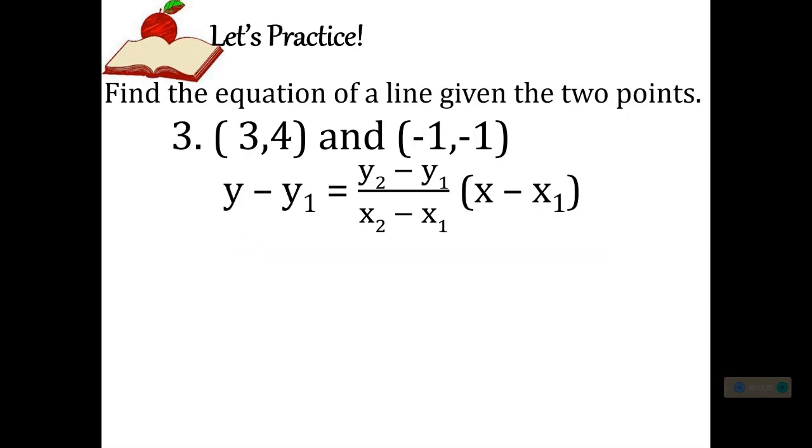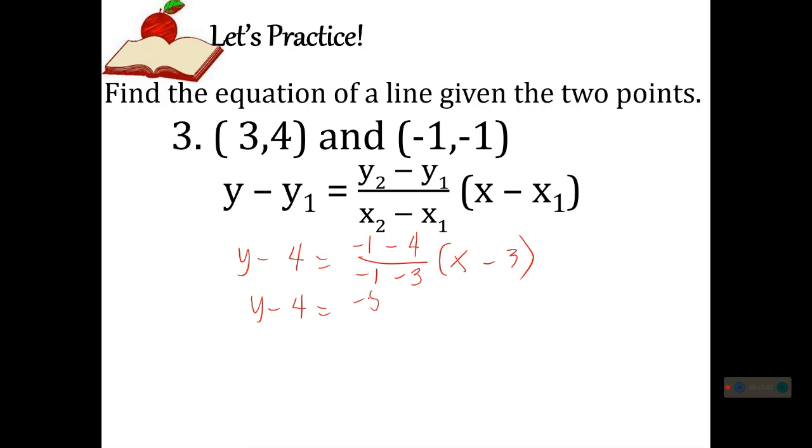We have here (3, 4) and (-1, -1). So we have here y minus y sub 1 is 4 equals y sub 2 is -1 minus 4 over -1 minus 3 times x minus 3. Okay, so to proceed, we have here y minus 4 equals, we are going to solve this.